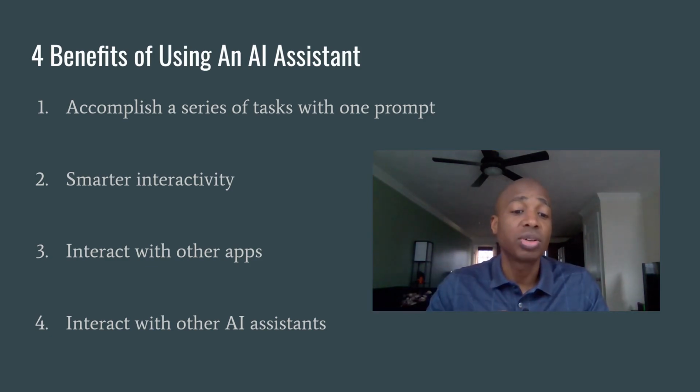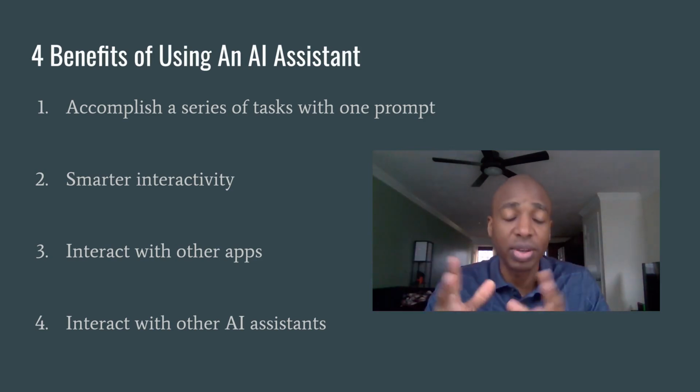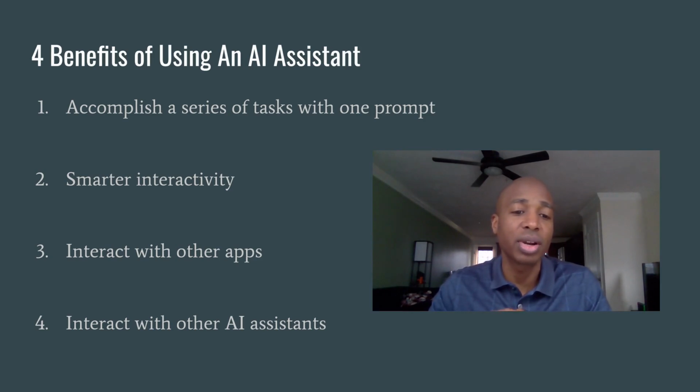Number 3, you can interact with other apps. Again, if it's a really simple example, you can use something like Zapier or Make for that as well, but LangChain can give you a whole host of capabilities in terms of being able to interact with other apps in a very smart way. And then number 4, if you really want to get crazy, you could actually interact with other AI assistants.